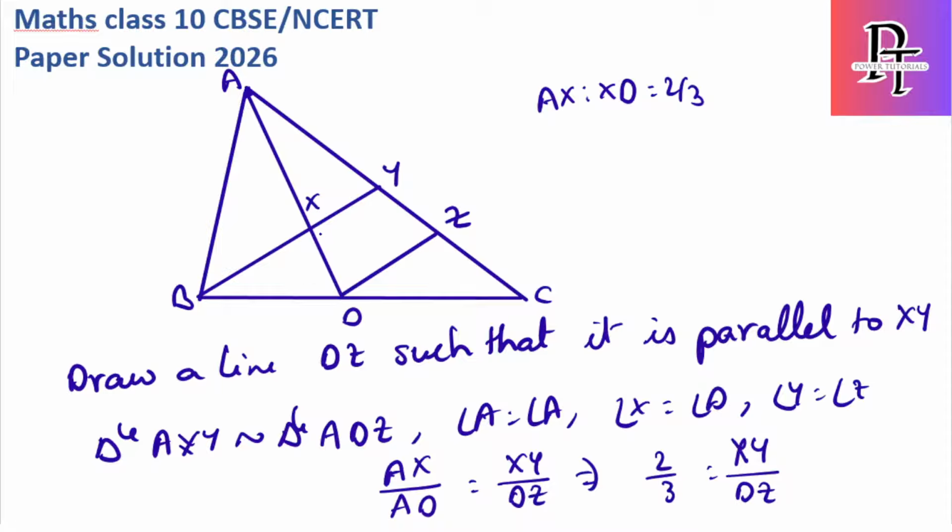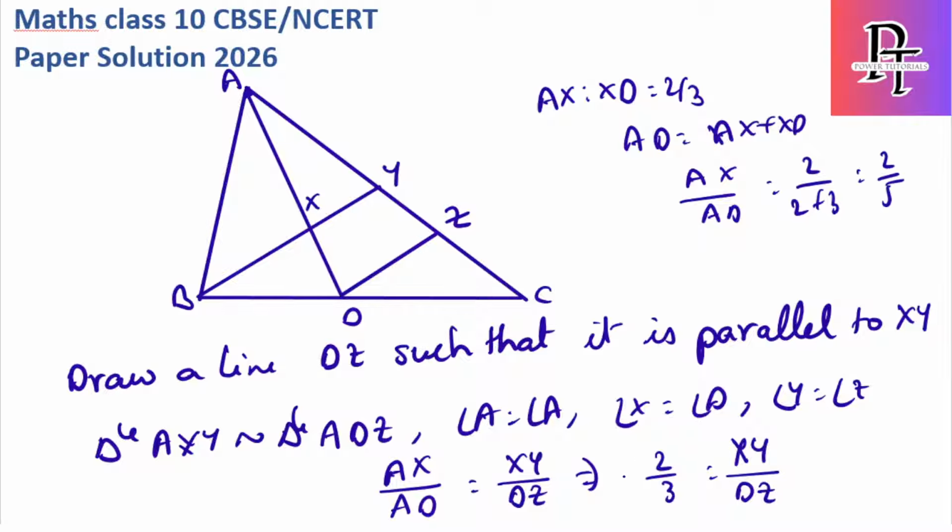Just a minute, XD is 3, but I want AD. AD becomes AX plus XD. So AX by AD becomes 2 by 2 plus 3, which is 2 by 5. Let me correct it. So 2 by 5 is equal to XY by DZ. Now from here I can write DZ, the value is 5 by 2 XY.